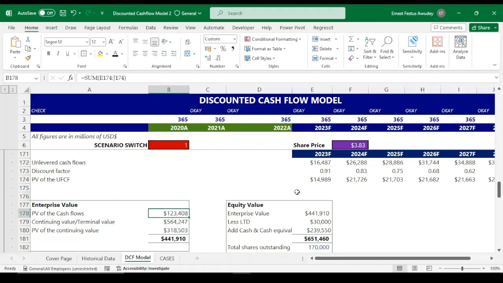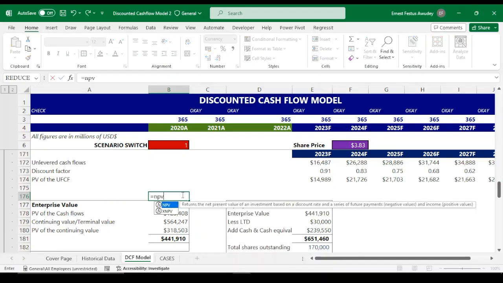So instead of doing this manually as you have done in the video, we can actually use an Excel formula called NPV. And as you can see from here, the NPV. So let me actually, okay. So the NPV returns the net present value of an investment based on a discount rate and a series of future payments.